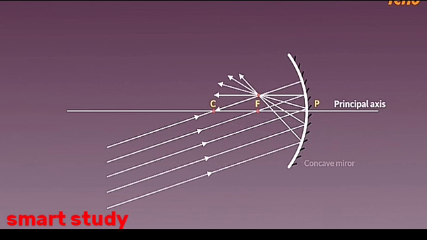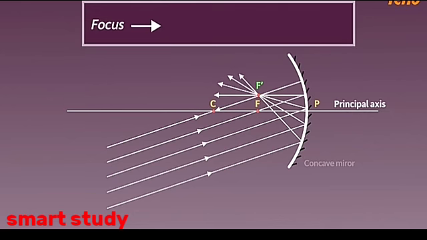You see that here also all the rays are converging. But here the point of convergence is not the principal focus. Instead, it's a point above the principal axis. This point is called a focus as all the rays are focused at this point. It's not called the principal focus because it does not lie on the principal axis.